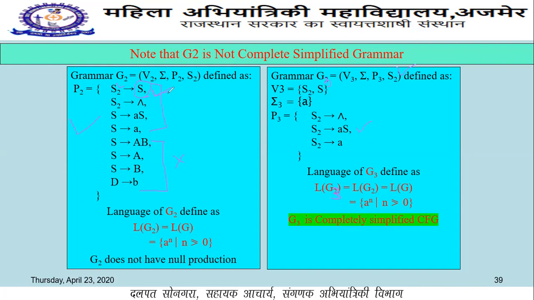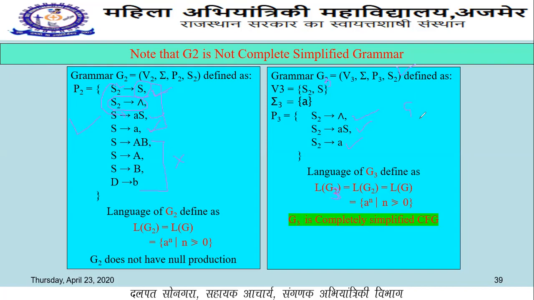I hope this is clear, because S derives these two things, so we indirectly derive them by S2. So we include these two productions, and as it is, because our language itself has the null string, we cannot erase or modify this production. Therefore the final modified or simplified or reduced grammar corresponding to the given grammar G is this G3.